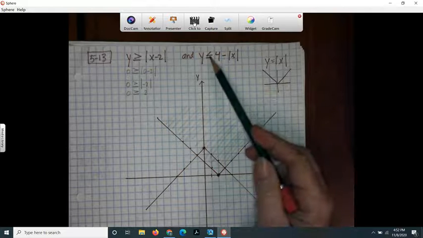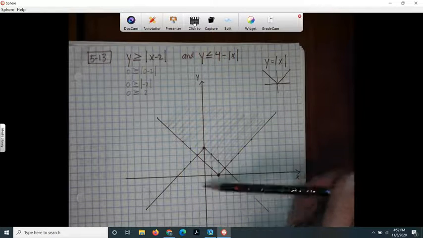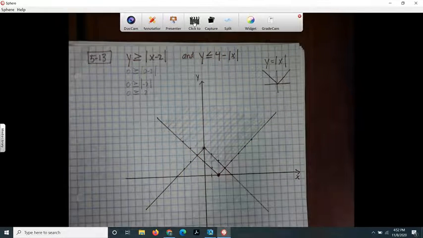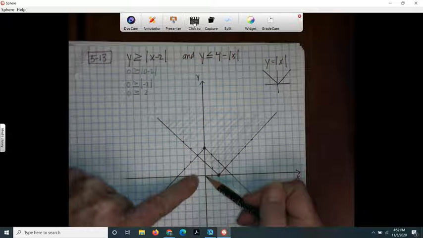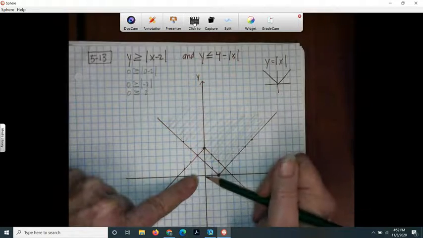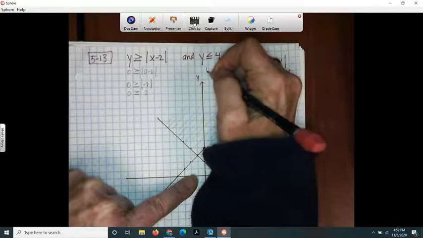Y is less than, so I predict it's going to be below the graph, but we can always plug in a point. 0, 0 is a nice and handy point. I think 0, 0 would make this true, so we'll check.